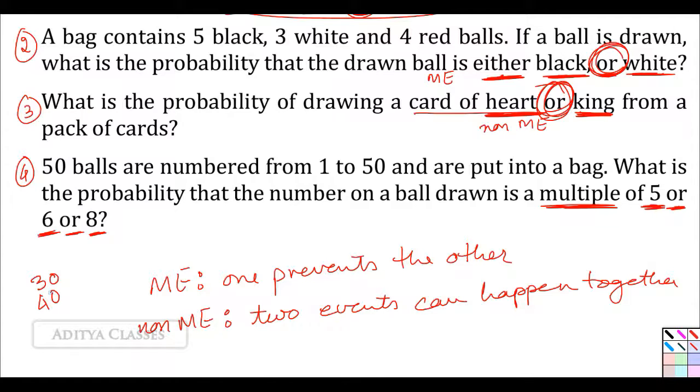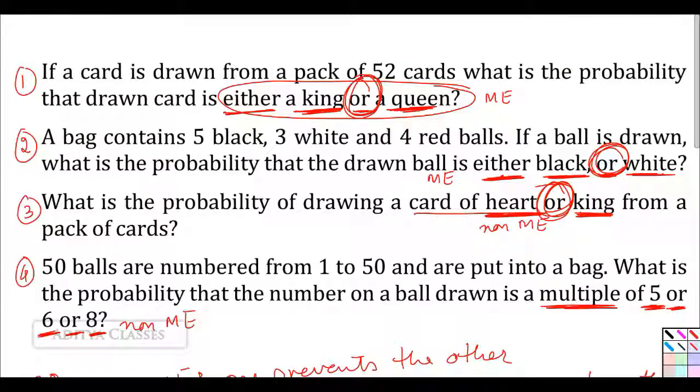Yes, 40 is one such number which is a multiple of both. 48 is a multiple of both 6 and 8. So there are quite a few numbers which are multiples of both 5 and 6, 5 and 8, 6 and 8 or any other combination. So this again is a case of non-mutually exclusive.